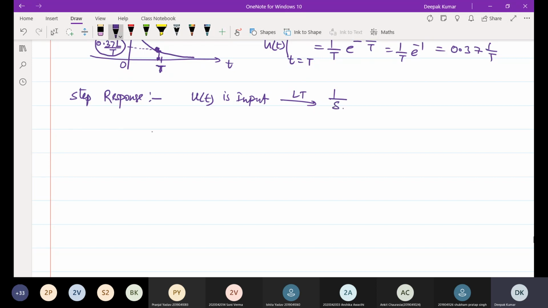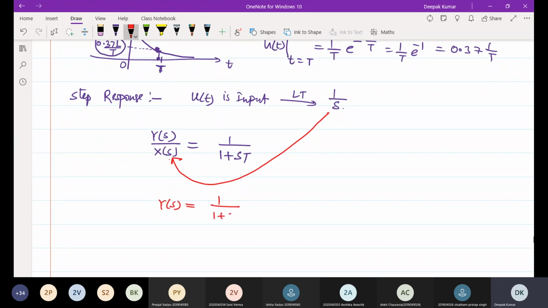Now this 1 by s is multiplied with y of s divided by x of s is equal to 1 by 1 plus st, and put here this x is equal to 1 by s. It will become y of s is equal to 1 by 1 plus st into 1 by s. Now do the partial fraction of this. It will become a by s minus b by 1 plus st.